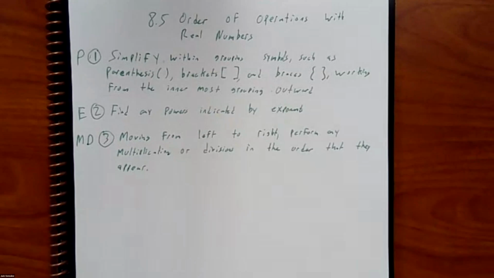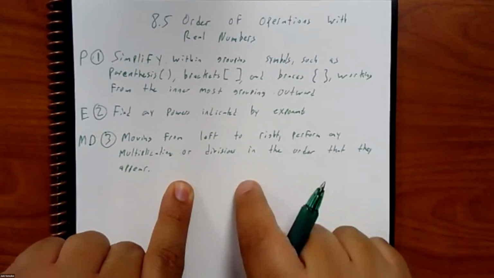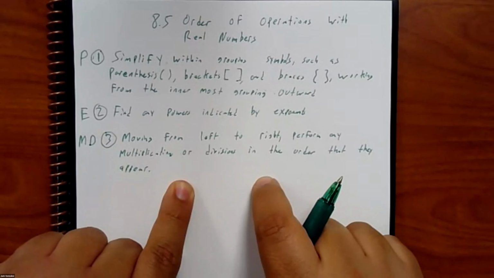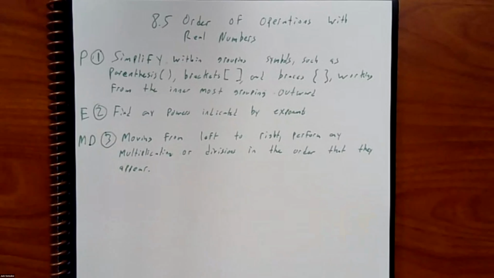So the first thing you should see is your parentheses or braces, so you put it first, if they exist. Work on that. The next thing you should focus on is powers. Once those are taken care of, left to right, you look for multiplication and division. They have the same level, just whichever comes up first.